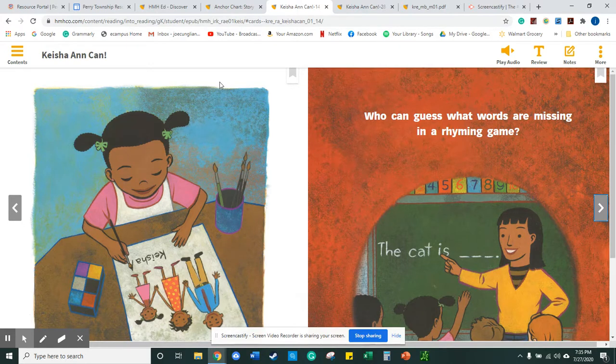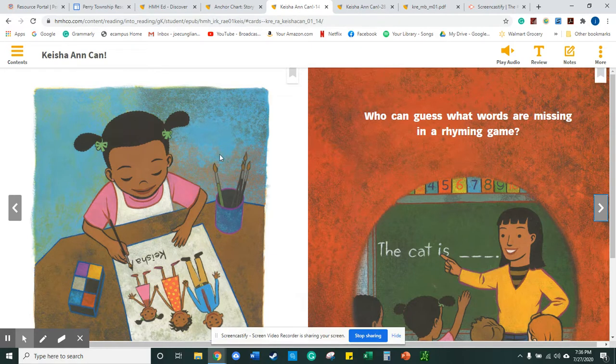We're going to try to identify who the character is in this picture. Remember, the character is the person, the animal, or the creature in the story. In this picture, do you see a person? I see a person too. I see Keisha.